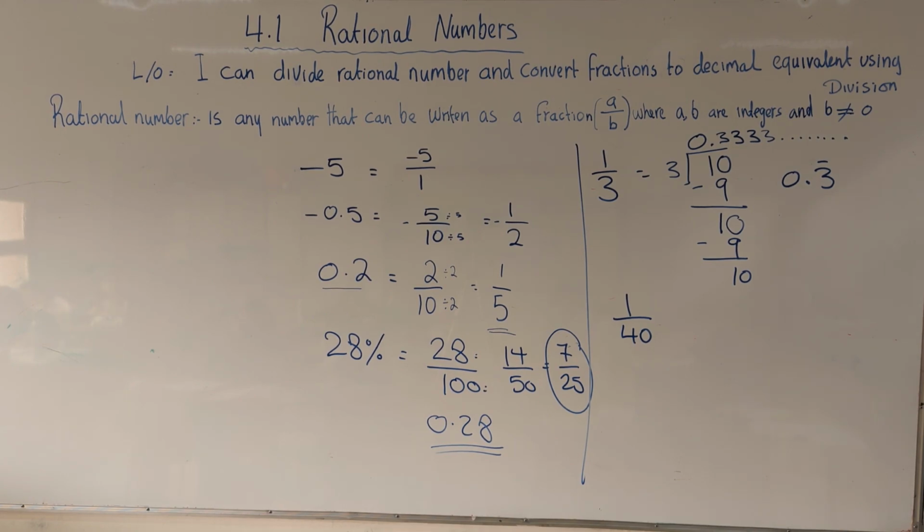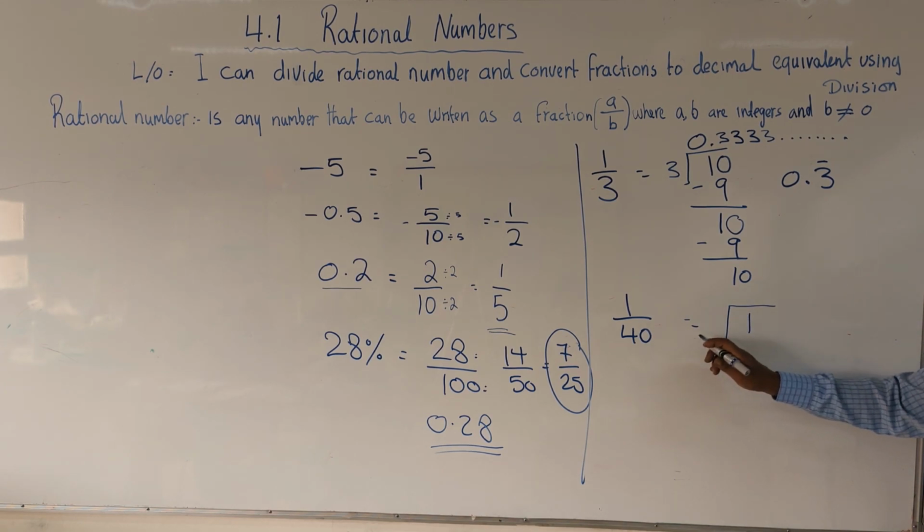What's my first step? You have to divide the numerator by the denominator. So we write it down like this. Which number goes inside? 1 goes inside, and the denominator will go outside. We have 40. Are you with me, girls?